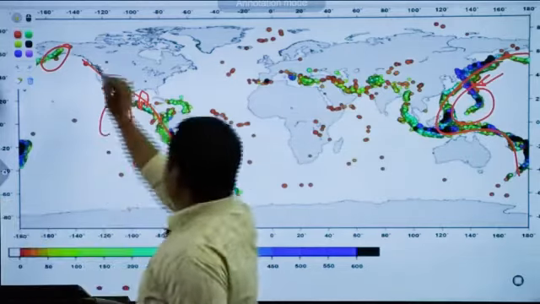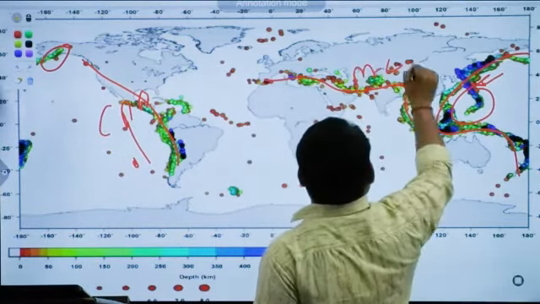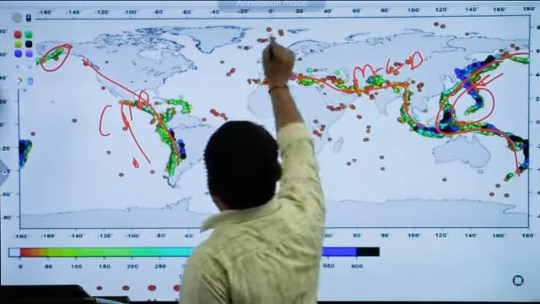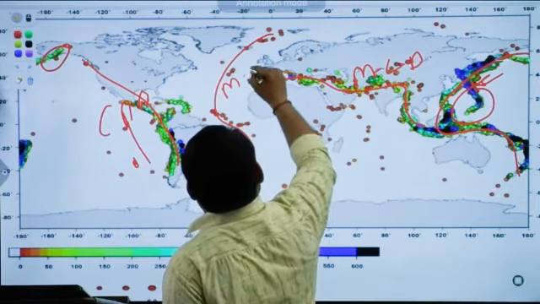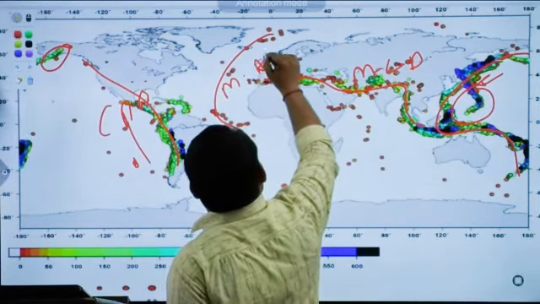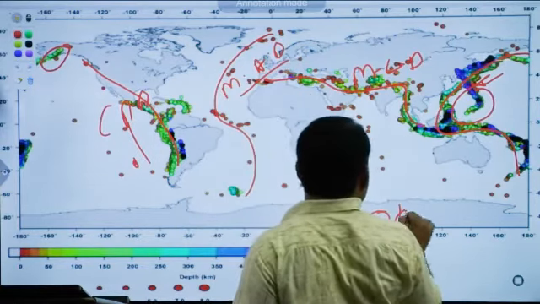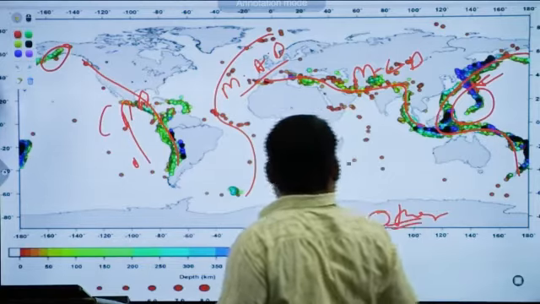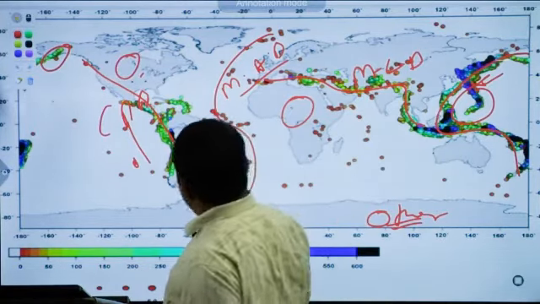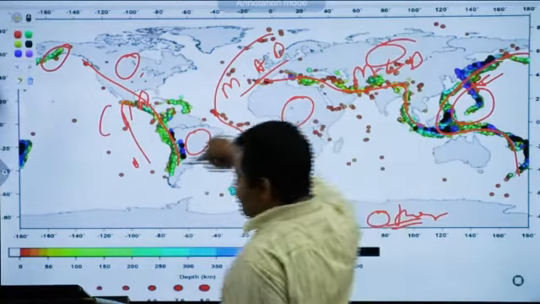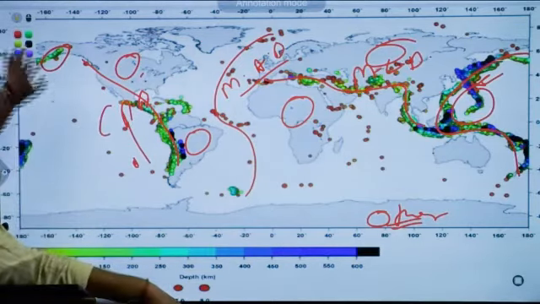The second is the mid-continental belt, and the next is the mid-Atlantic or oceanic belt, and the last one is others. It can relate to Antarctica, African continent, North American continent, Brazilian highland region, or Siberia. These all are associated with others, where 5% of the global earthquakes take place.